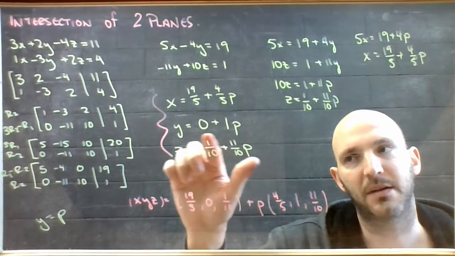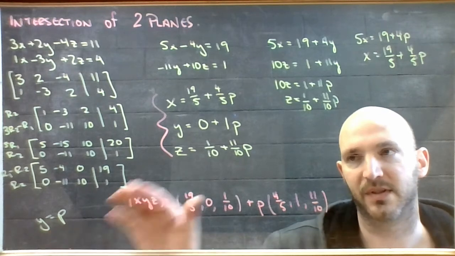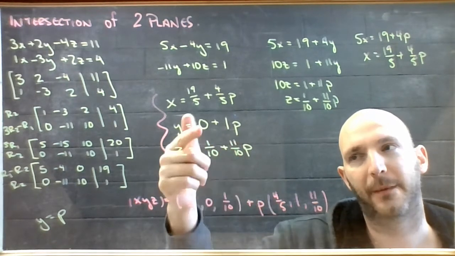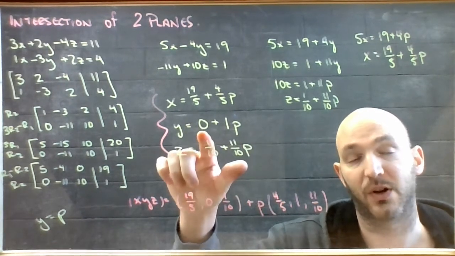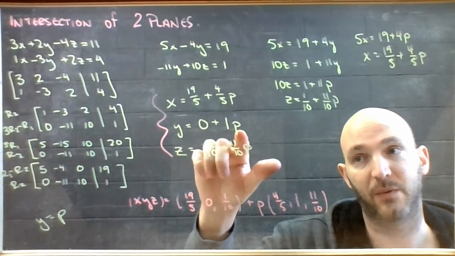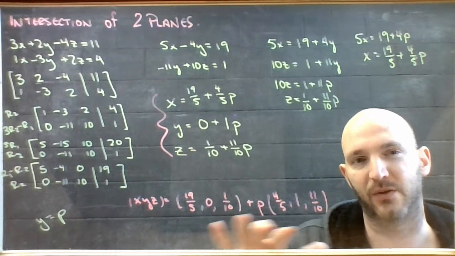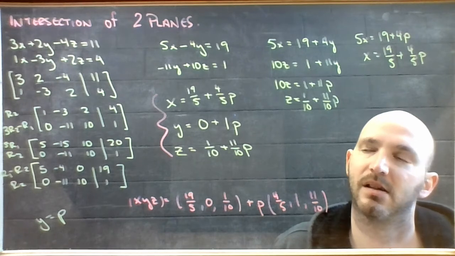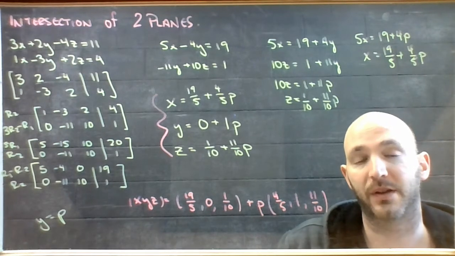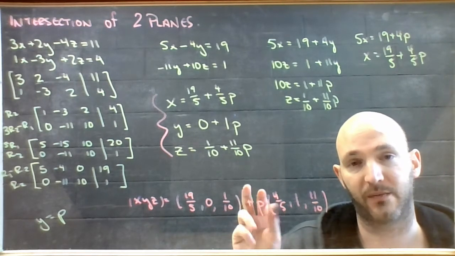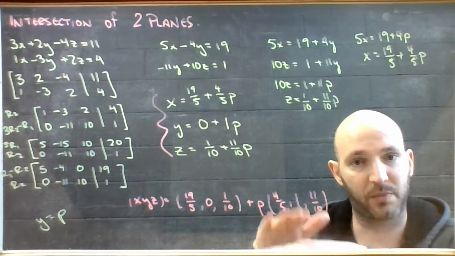So you can see maybe why I wrote, instead of just y equals p, I wrote it this way, because it separated it out into a starting point and then a thing with the parameter attached to it, so I could write out my vector equation. So when you're working through the practice problems, if you have 2 planes, they are either coplanar, right?